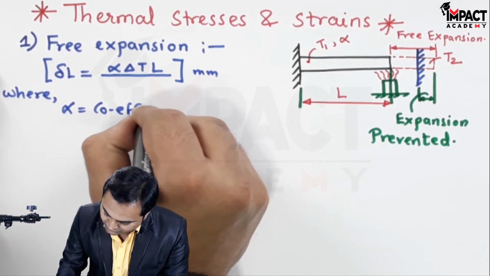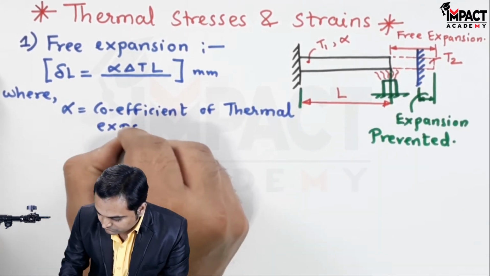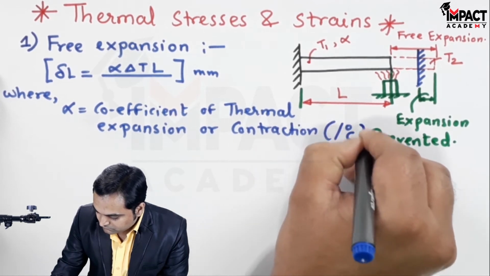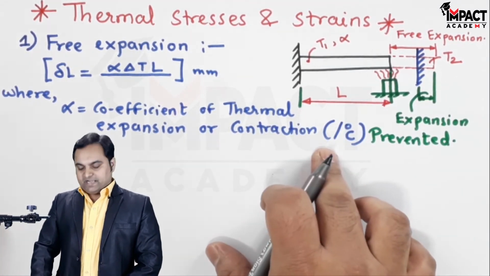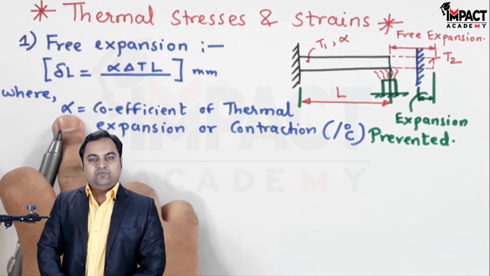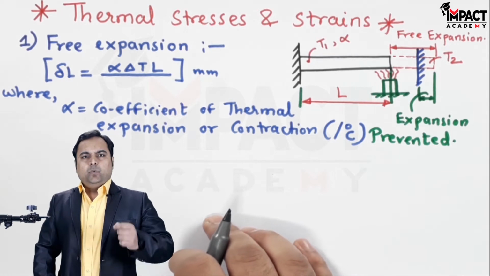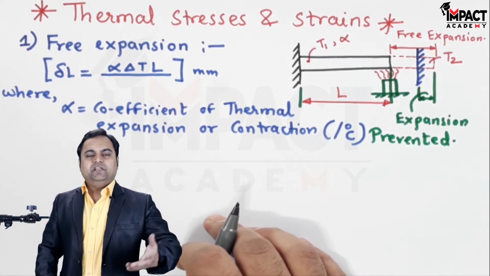is the coefficient of thermal expansion or thermal contraction, and the value of alpha decides whether the material will respond to change in temperature quickly or slowly.